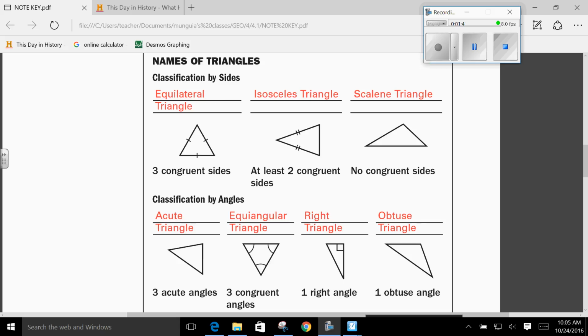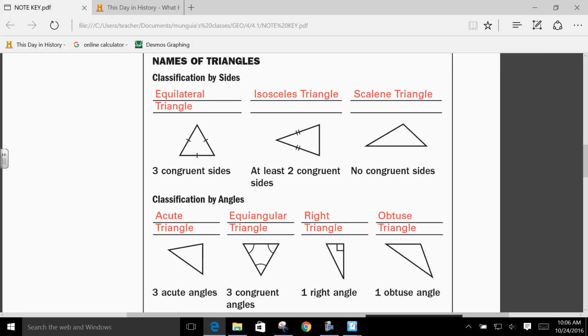So if we want to name triangles, we call it classifying. To classify things is to put things in groups. Like there's a classification scheme in science for organisms. You have the plant kingdom, the animal kingdom, the fungus kingdom, and it goes down to phylum, family, class, order, and all the different ways to categorize animals.